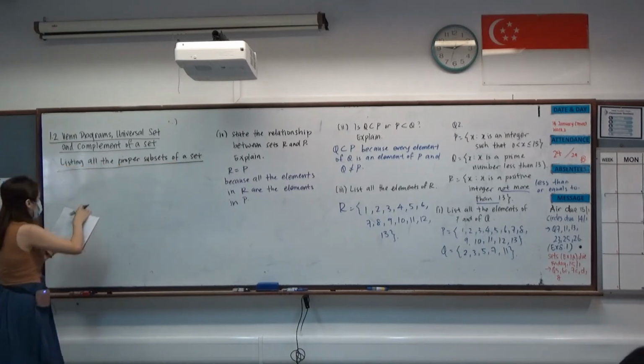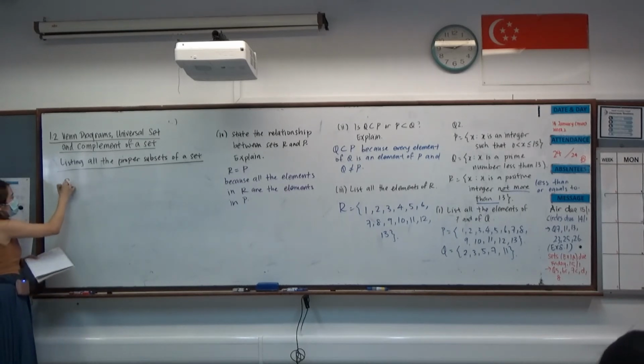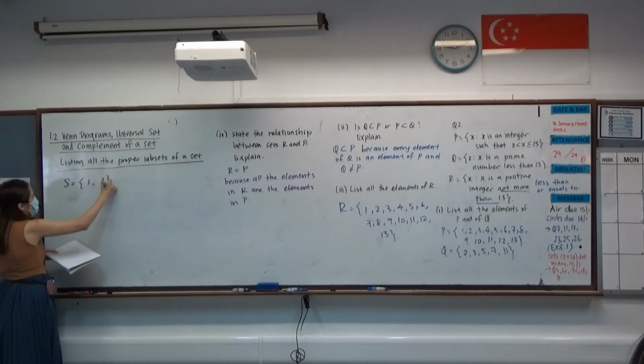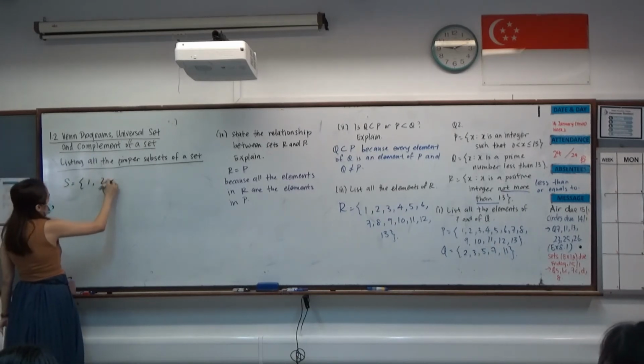Okay, next we look at listing all the proper subsets. So what do we mean? If I have the set S containing 1, 2, can you tell me what are the proper subsets that we can generate out of this set itself?